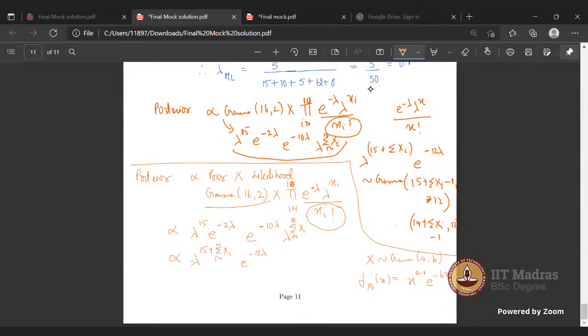Okay. Again, this is nothing but a gamma distribution. It looks something like this: x to the power alpha minus 1, e to the power minus beta x. Does it look like this? Sorry, I didn't get. So again, what you have observed here, lambda to the power 15 plus sum over xi into e to the power minus 12 lambda, the distribution looks like the gamma a, b, right?